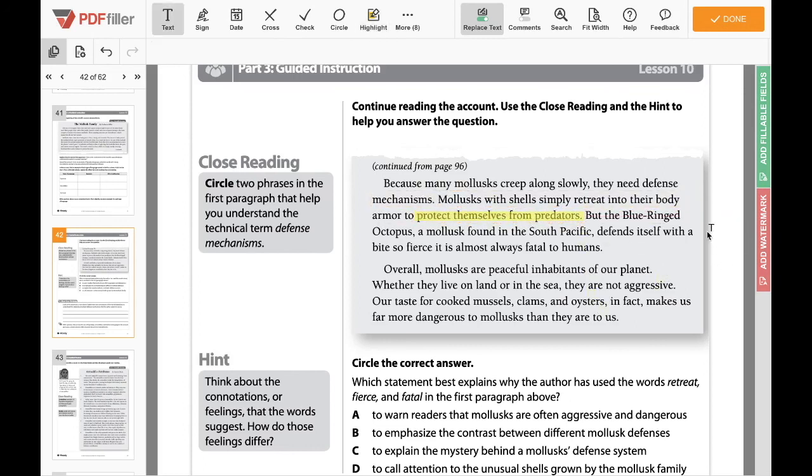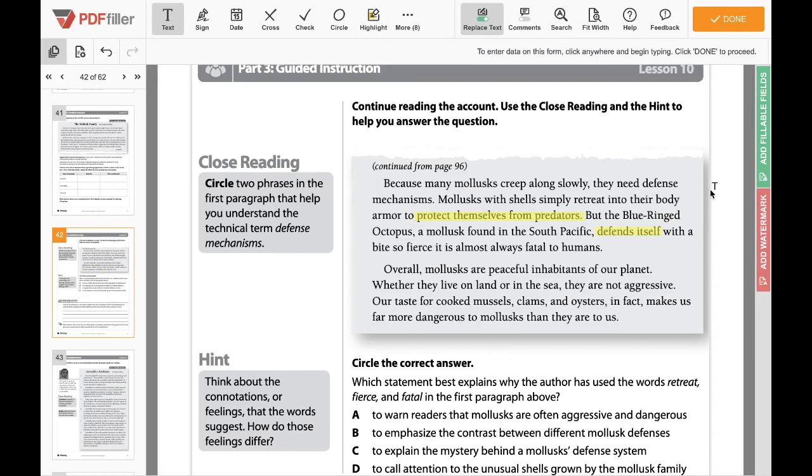But the blue-ringed octopus, a mollusk found in the South Pacific, defends itself with a bite so fierce it is almost always fatal to humans. So it defends itself, right? So we know that defense mechanisms has to do with ways that it protects itself from predators or defends itself from predators. Right? That helps us understand that technical term defense mechanism.